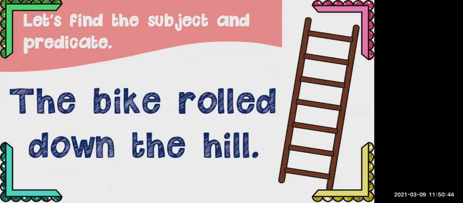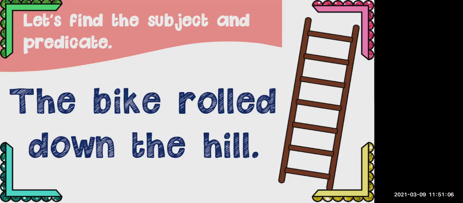Okay? So here's the first sentence. We're going to find the subject and the predicate. The bike rolled down the hill. So you go first, and then your partner can go for the next sentence, okay? So the bike rolled down the hill. What is the subject of that sentence?